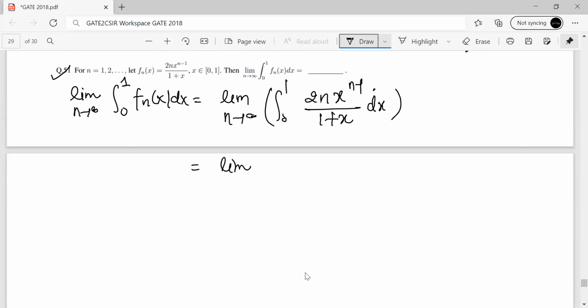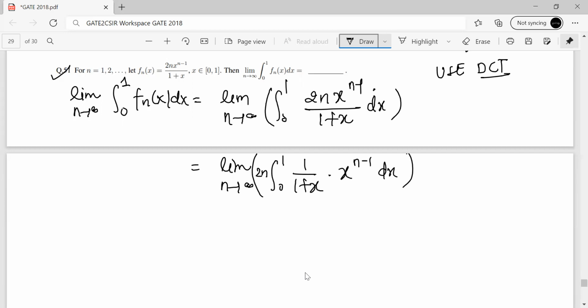Our goal here is to use DCT, the dominated convergence theorem. So the limit as n tends to infinity, keep 2n outside, and then apply the integration for 1 over 1 plus x into x power n minus 1 dx. Apply the integral sign. Now perform integration by parts, also called the UV method, as you fondly call it.